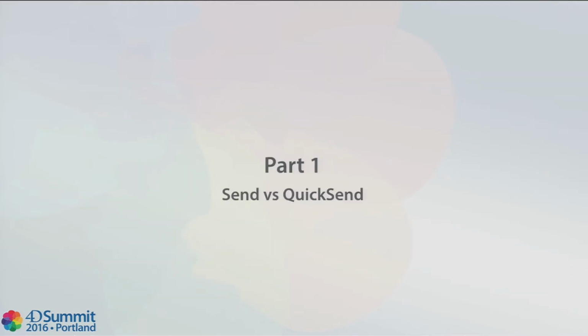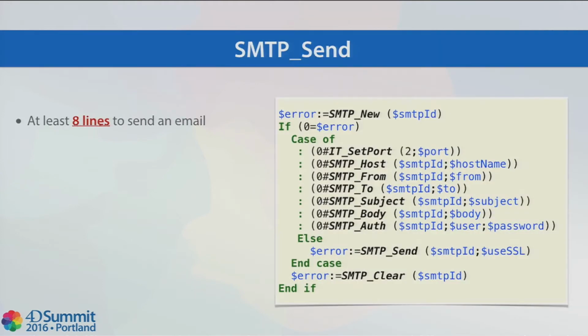So part 1, send or QuickSend. You probably know this from the documentation already, but to use the send command, you basically construct your email procedurally. So there's a new command, and you end with a clear command. And in between, you set the port, you define the host, and so on.